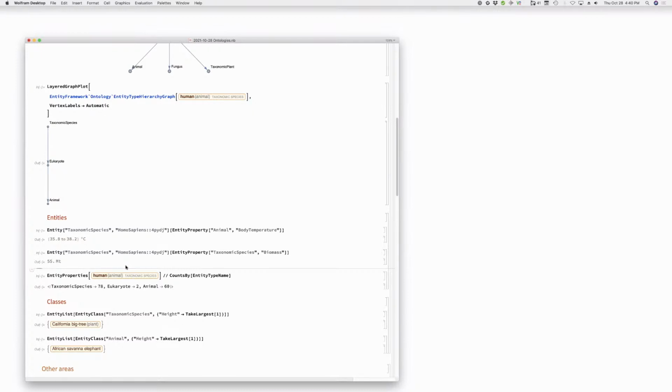Clearly, if I have an entity, an animal entity here, and I say entity, animal, Homo sapiens, will that still work? Currently not. And that's not a good thing.